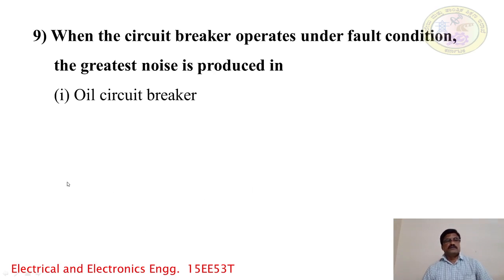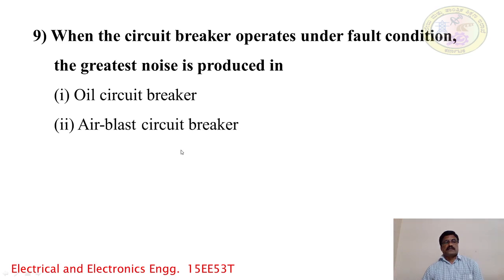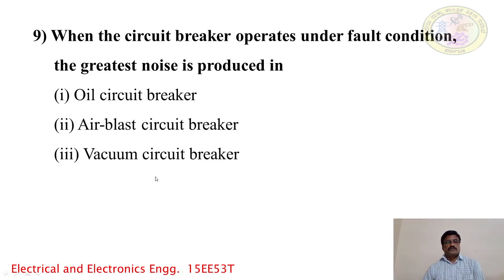Next, ninth one. When the circuit breaker operates under fault conditions, the greatest noise is produced in which type of circuit breaker? First one is oil circuit breaker, second one is air blast circuit breaker, third one is vacuum circuit breaker, and fourth one is SF6 circuit breaker.